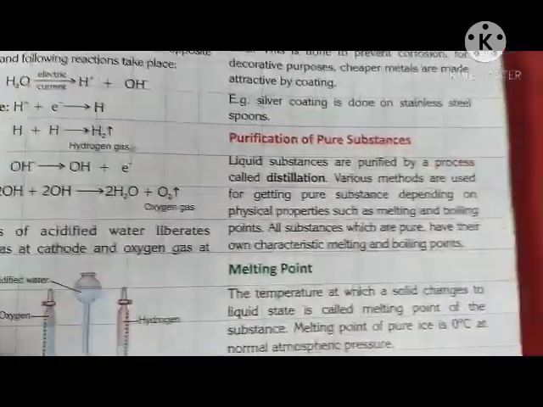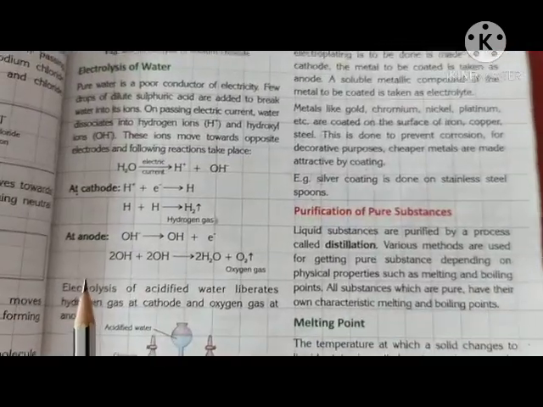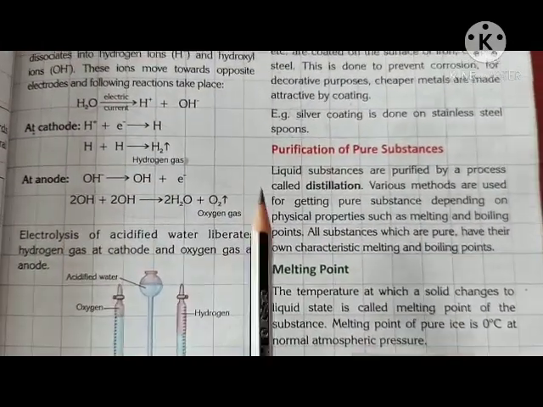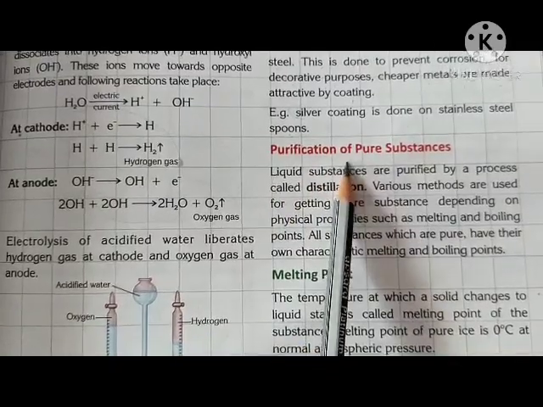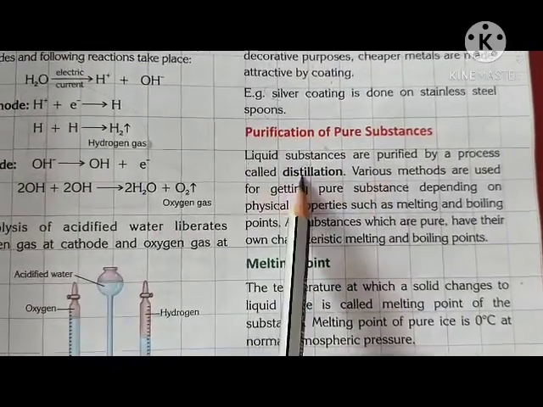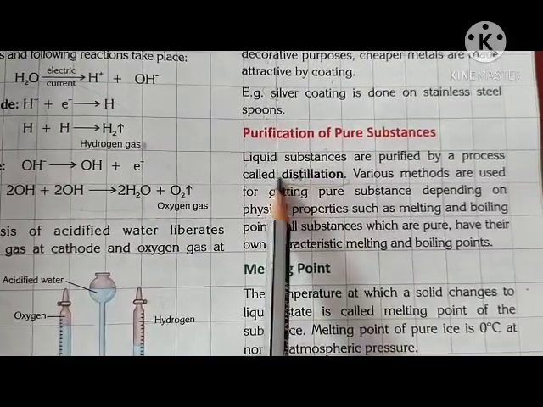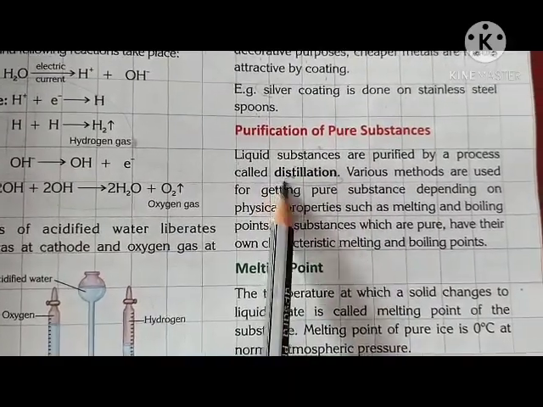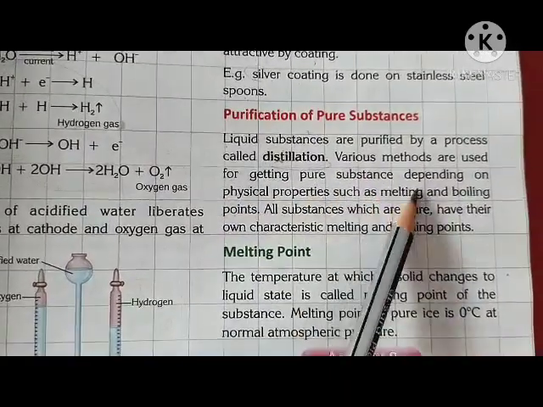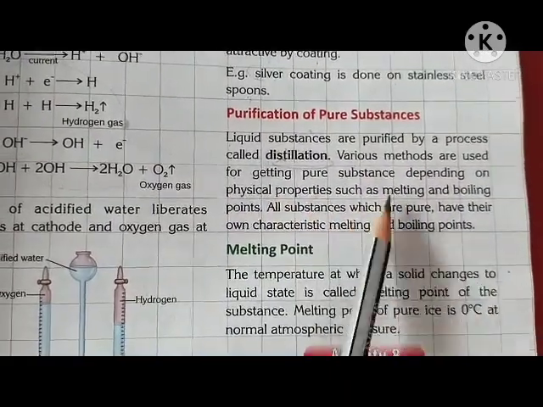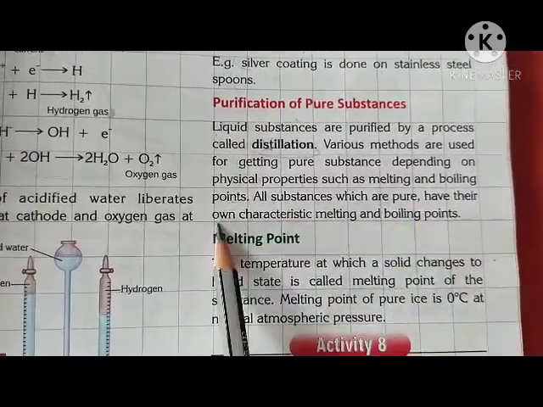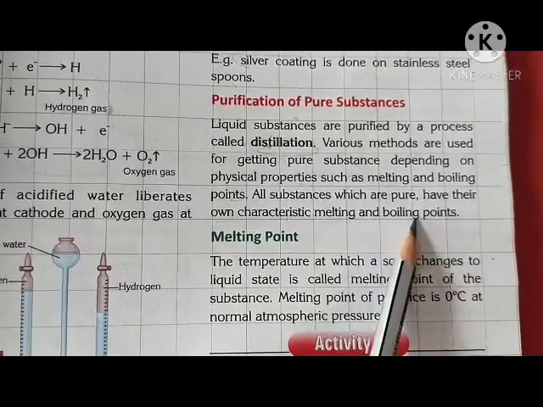After that, you can see purification of pure substance. Electrolysis is also used for the purification of pure substance. Liquid substances are purified by the process of distillation. Distillation is the process by which liquid substances are purified. Various methods are used for getting pure substances depending upon physical properties such as melting and boiling points. All pure substances have their own characteristic melting and boiling point.